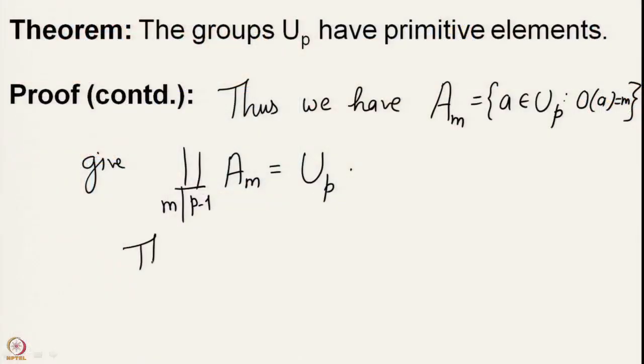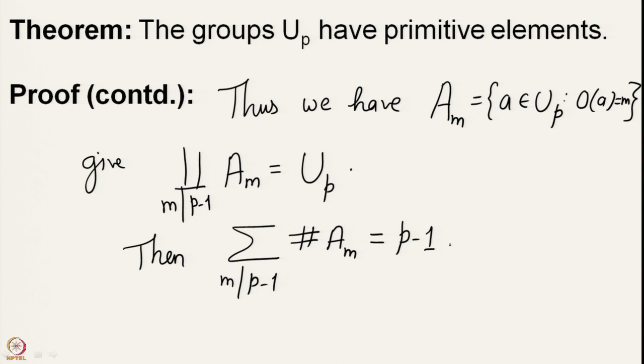So, this is the disjoint union, and what we have observed before is that the summation of their cardinalities will give you p minus 1. This is something that is quite nice. So, what does it tell you?